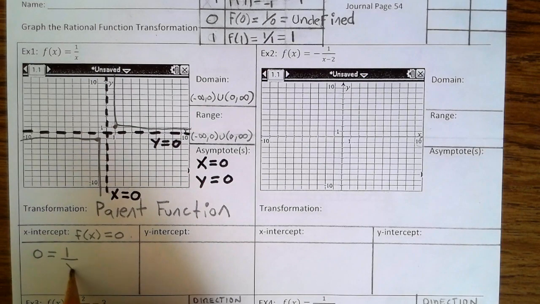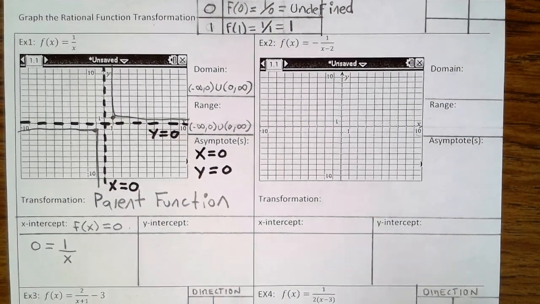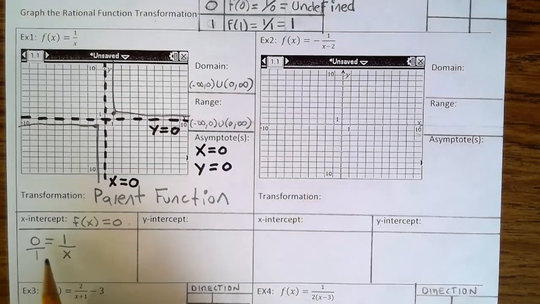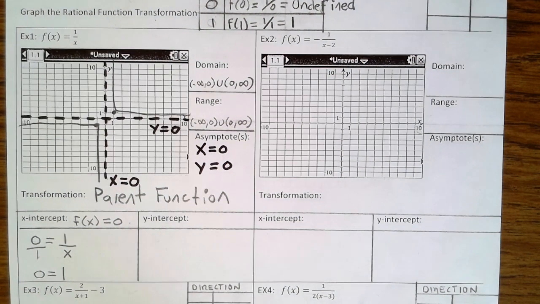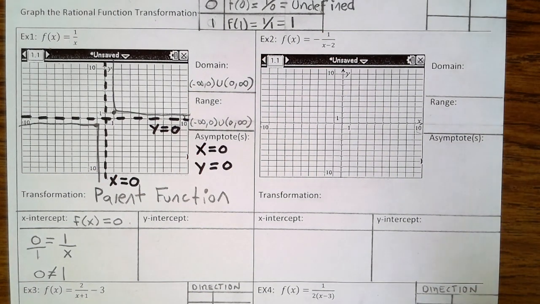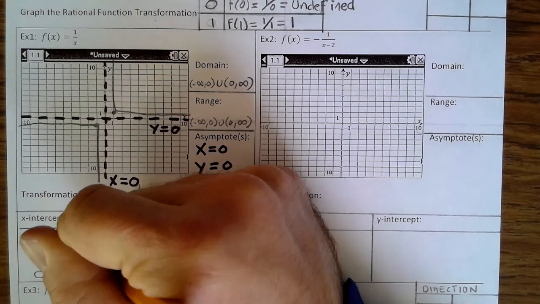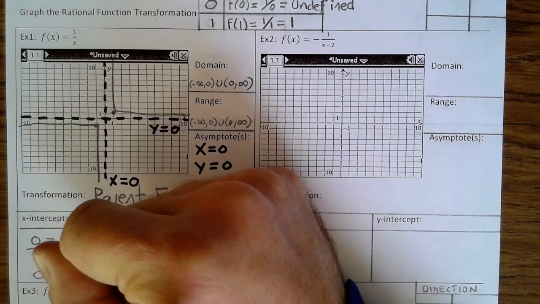Now we need to divide the left side by 1 so we can cross multiply. So 0 times x is 0, and 1 times 1 is 1. 0 will never equal 1, and there is no x, so we would say that there are no x-intercepts.